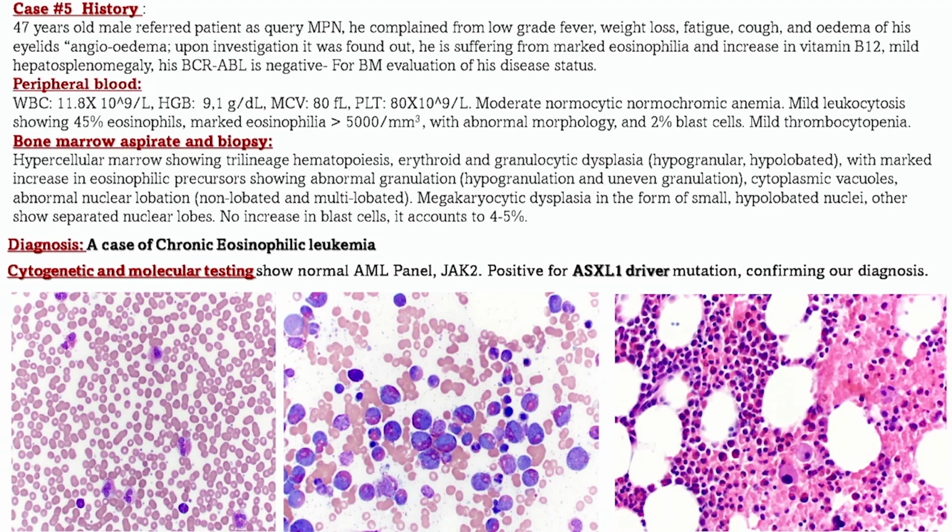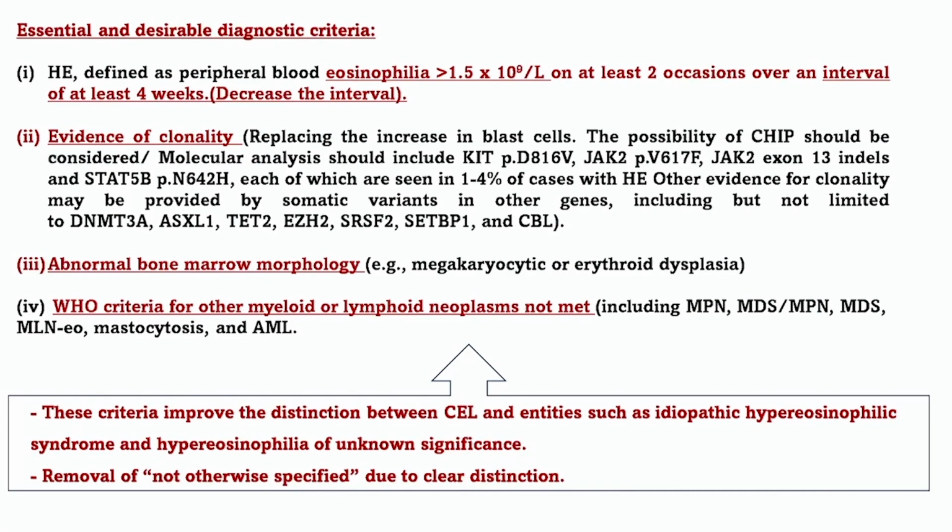His AML panel was negative, JAK2 negative, but upon testing for mutations of clonal hematopoiesis, the driver mutation ASXL1 was positive, confirming our diagnosis of chronic eosinophilic leukemia.